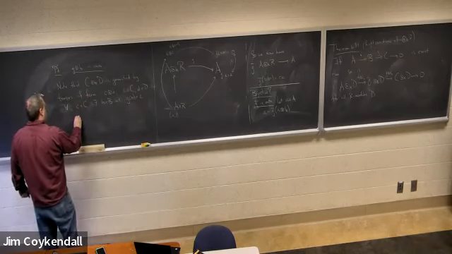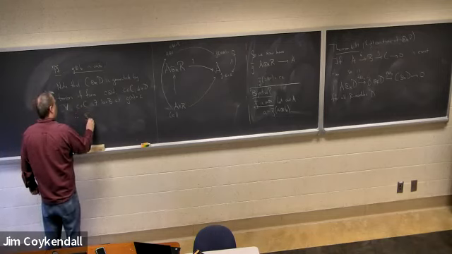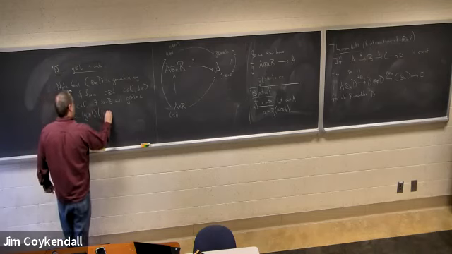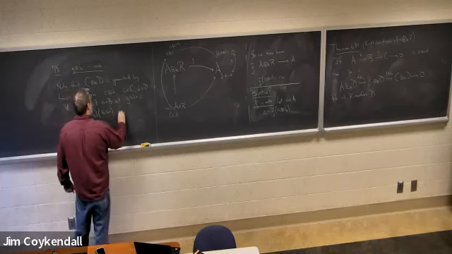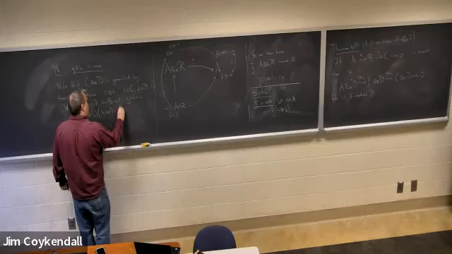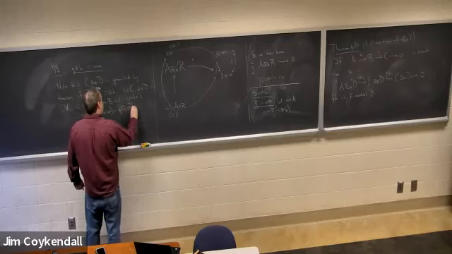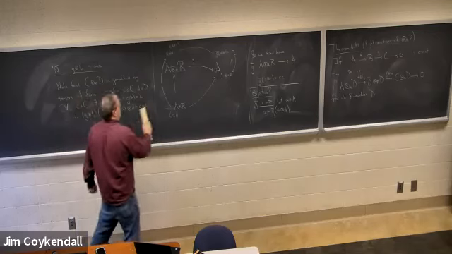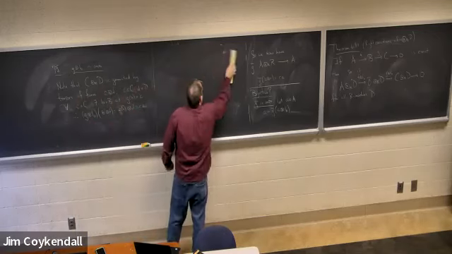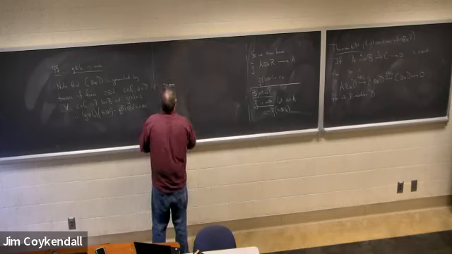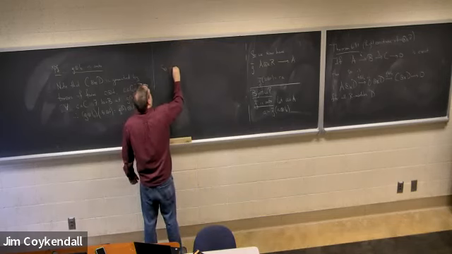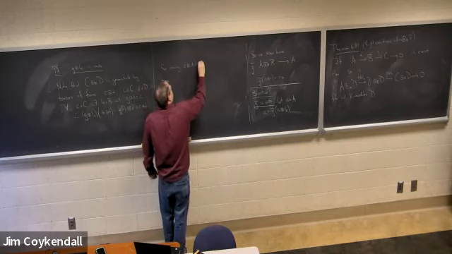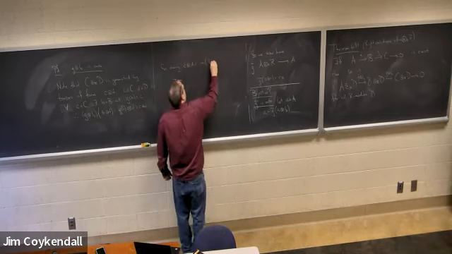Therefore, G tensor 1D of b tensor d equals G of b tensor d, which is c tensor d. So every c tensor d is in the image of G tensor 1.